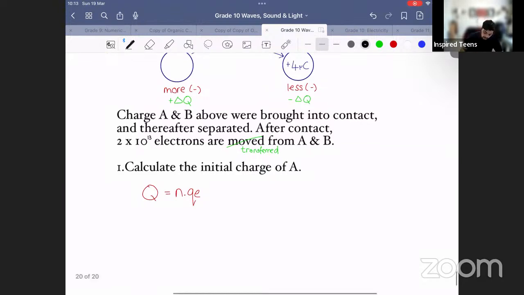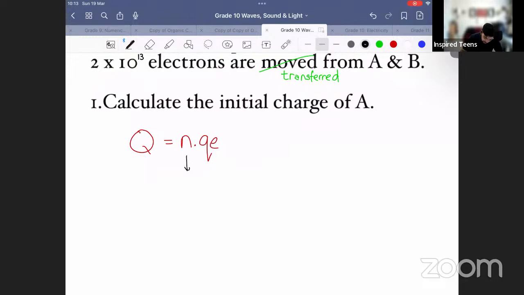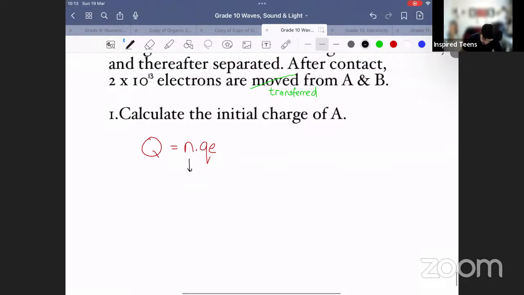Electrons transferred is N. If we substitute the electrons transferred, what charge are we going to get?